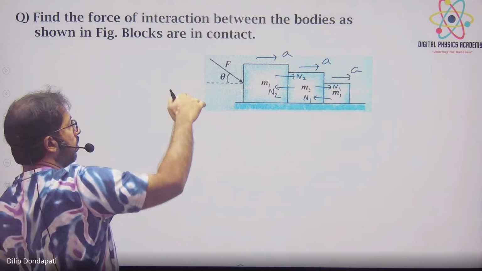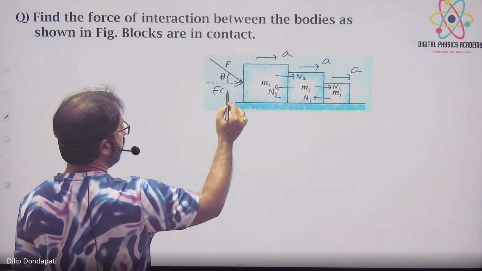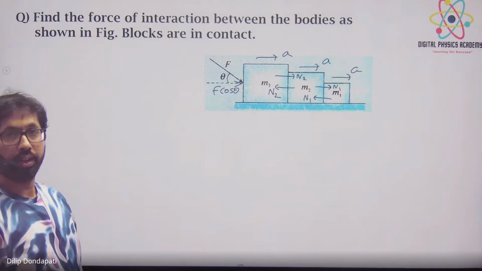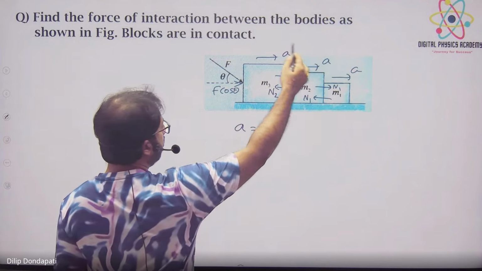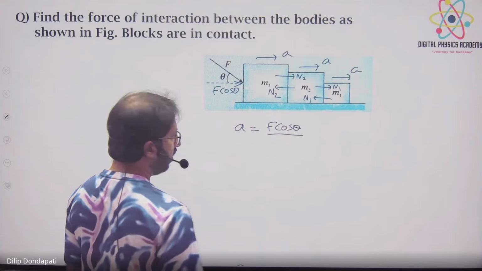The component of F along this is F cos theta. Now how will acceleration come? Net force by net mass. If I treat this as one system, F cos theta. Then N1 will be F cos theta minus F M3 by M3 plus M2 plus N1. And then N2 will be F cos theta minus F M3 by M3 plus M2 plus N1 minus M2a.